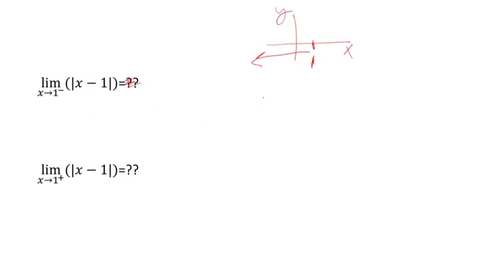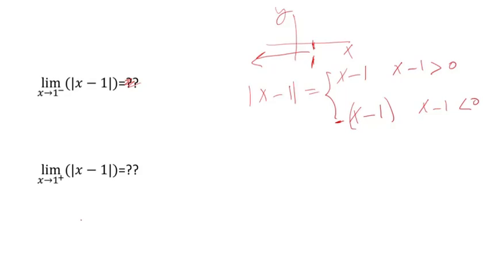In general, the absolute value of x minus 1 can take two values: x minus 1 if x minus 1 is positive, or minus quantity x minus 1 if x minus 1 is negative.